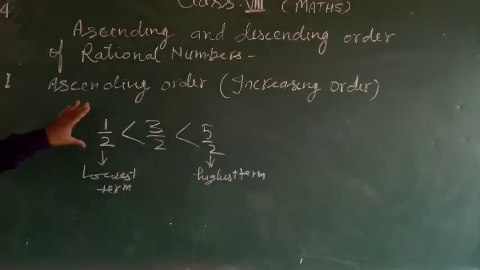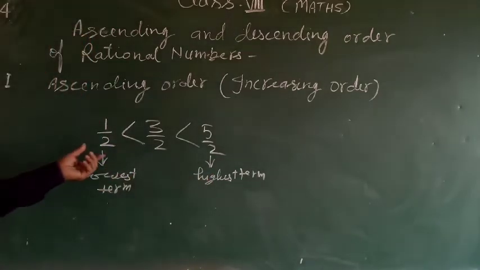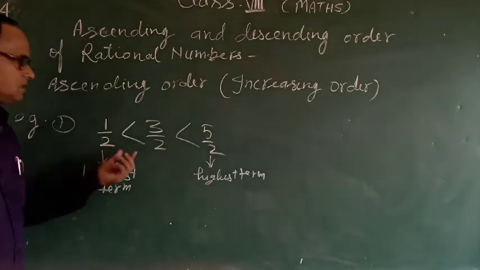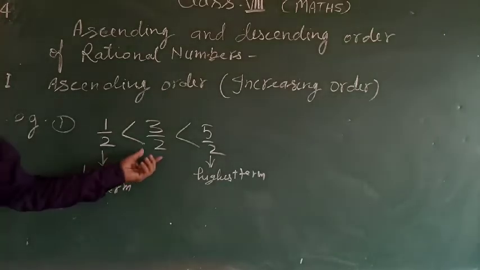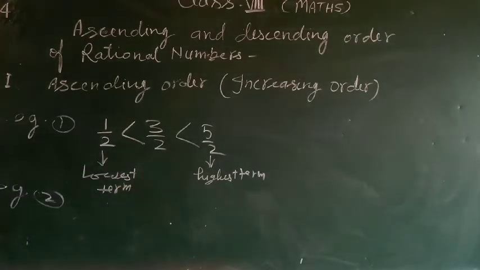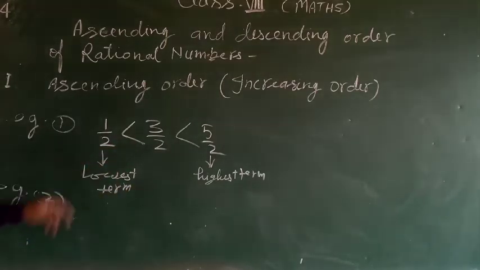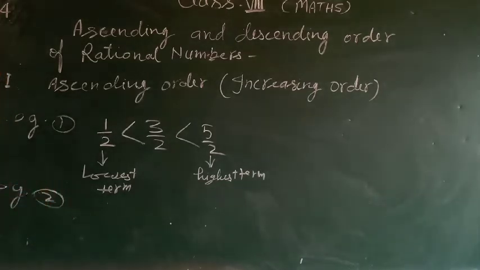If given rational numbers have the same denominator, then there is no need of taking the LCM. But in example 2, if given rational numbers have different denominators, at that time we take the LCM to get the same denominator. Okay, students? And here I will give you an example.